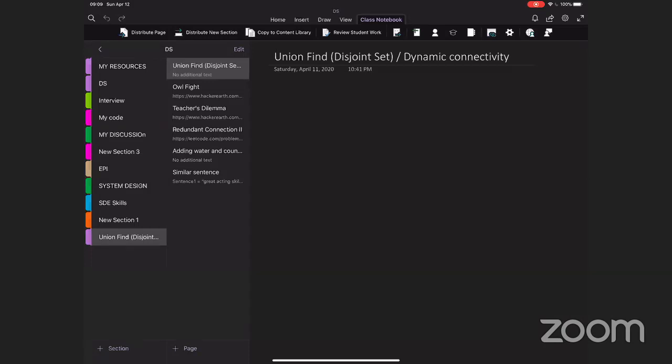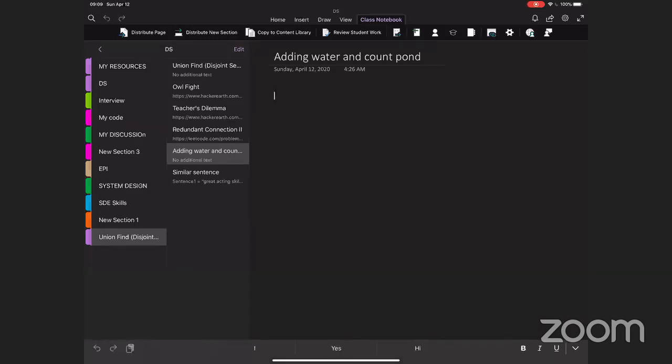So to begin with, let's start with a problem, and then probably we will derive how we can solve it efficiently, right? We know about the counting islands problem, or counting water bodies or ponds problem.